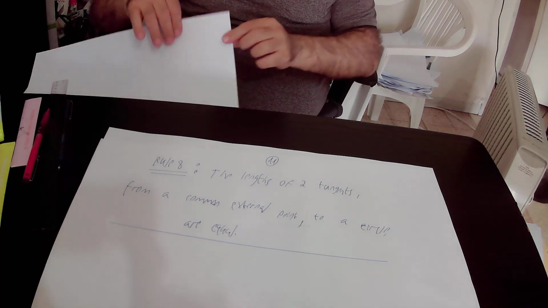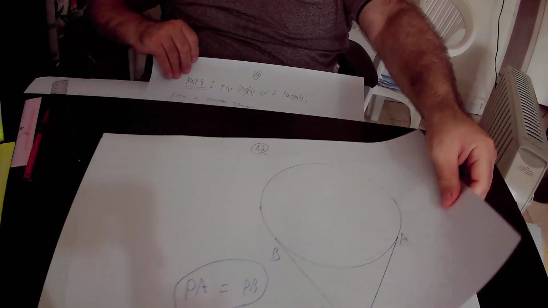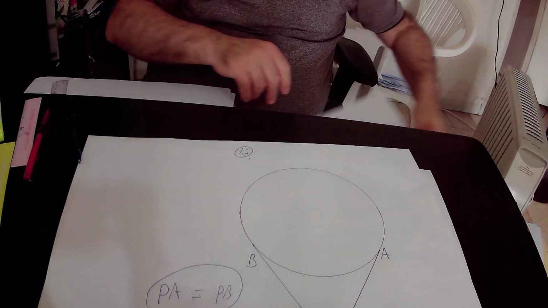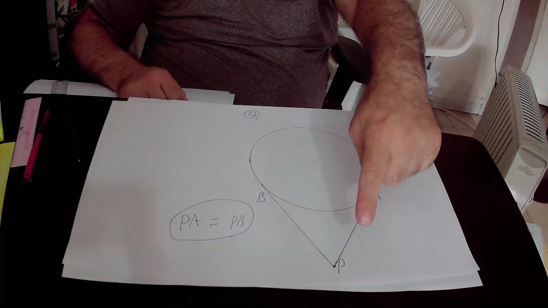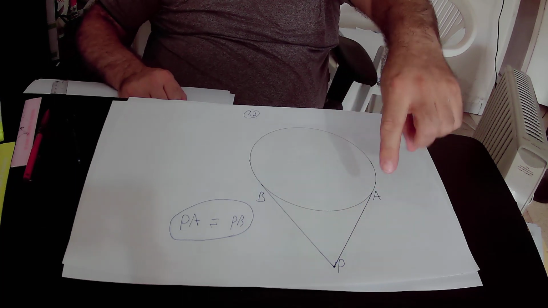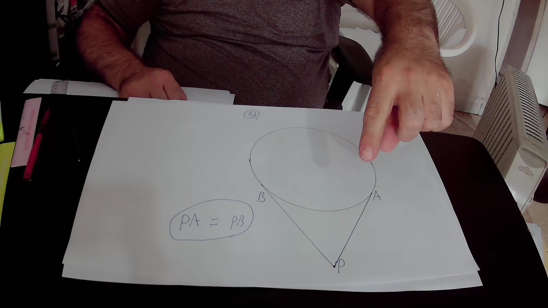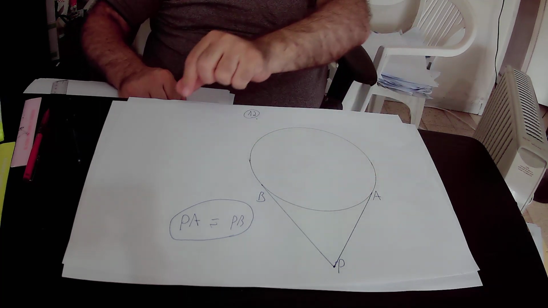The meaning is that if we have this circle and we have the external point P, and from the external point P we draw two tangents to this circle, then the lengths of those two tangents will be equal to each other. That is to say, PA equals PB.